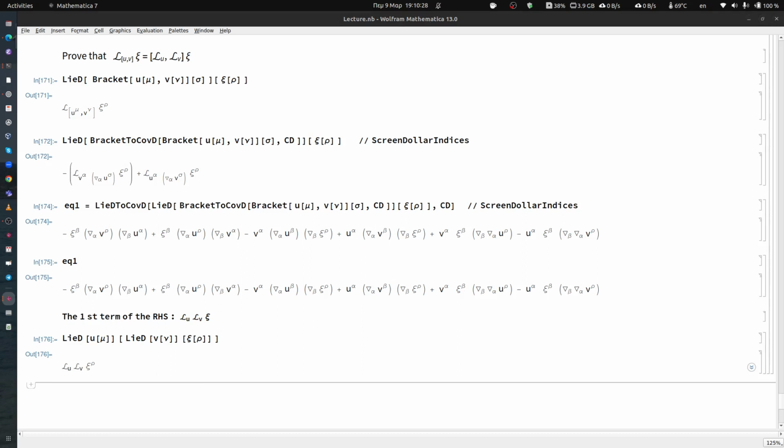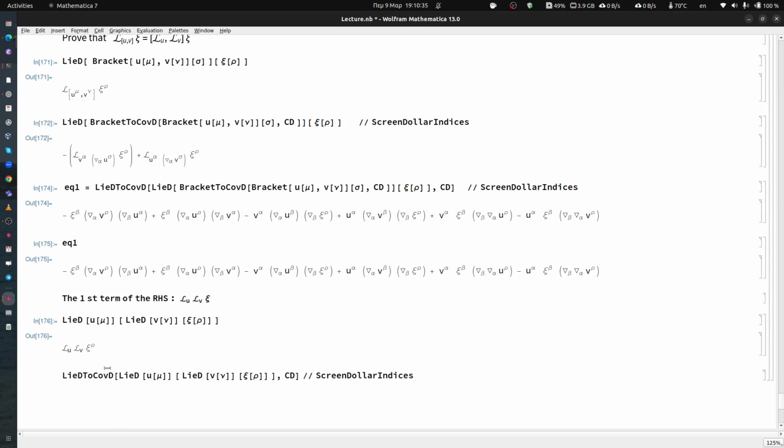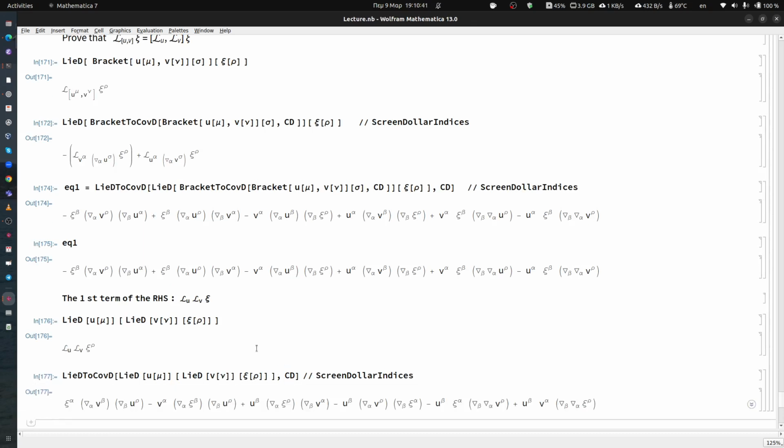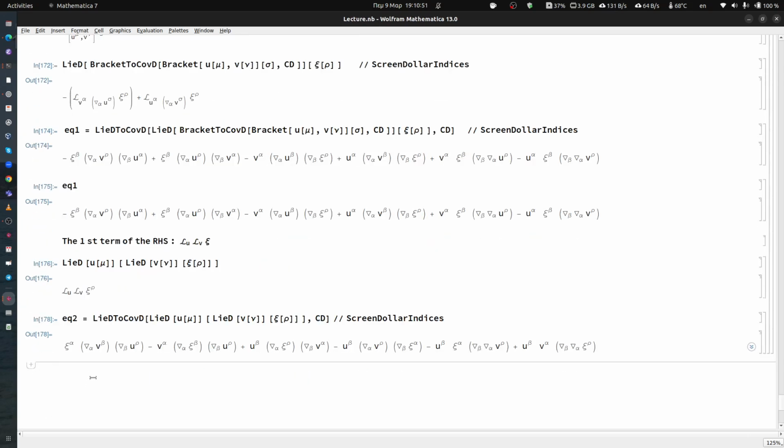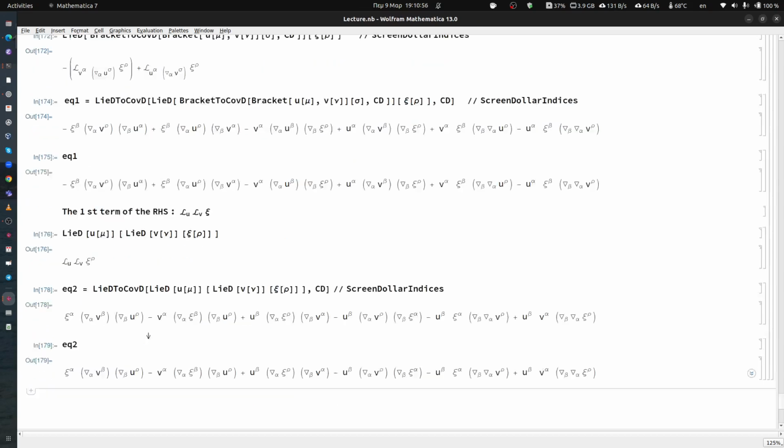And then let's expand this expression with respect to the covariant derivative CD. We obtain this. Let's save this into a variable called equation 2. So equation 2 now is this expression.